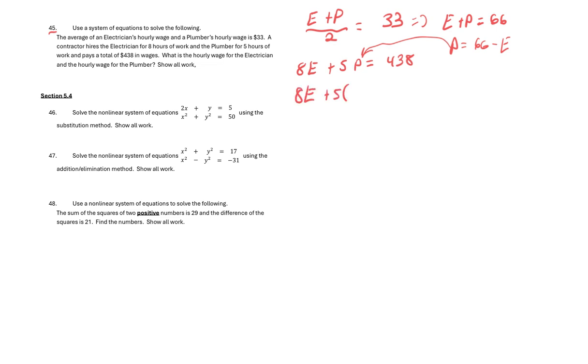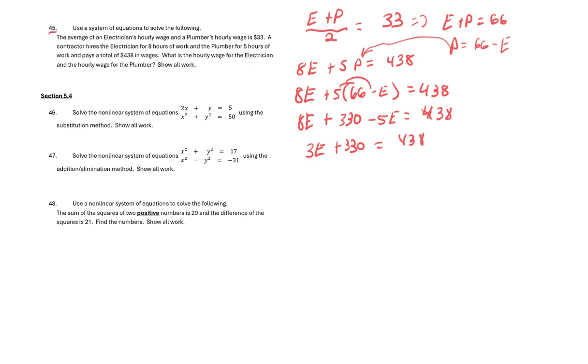So plus 5 times 66 minus E equals 438. We'll distribute the 5, so that'll be 330 minus 5E is 438 still. We'll combine like terms. So you get 3E plus 330 equals 438.